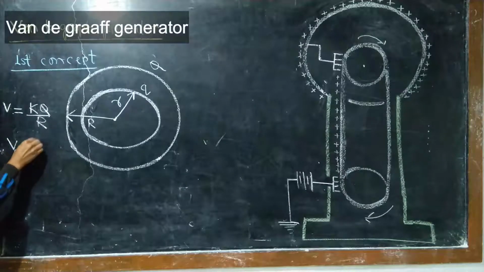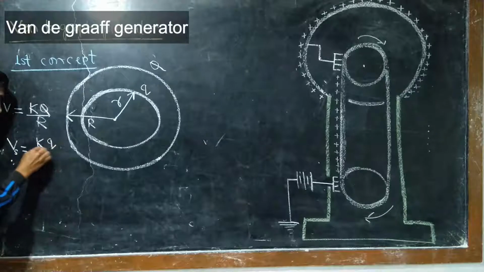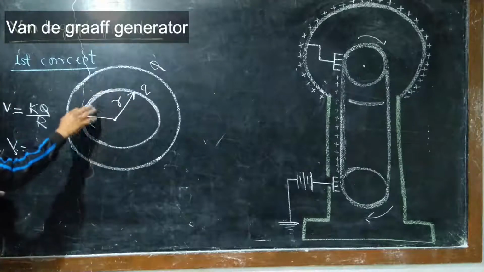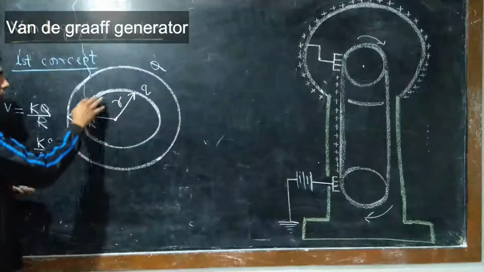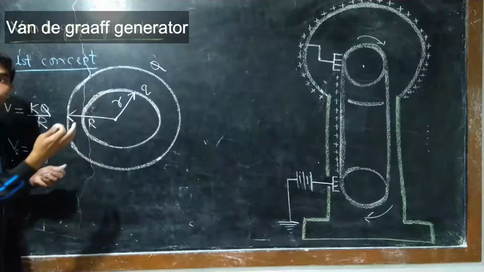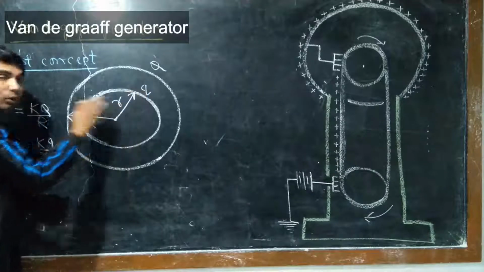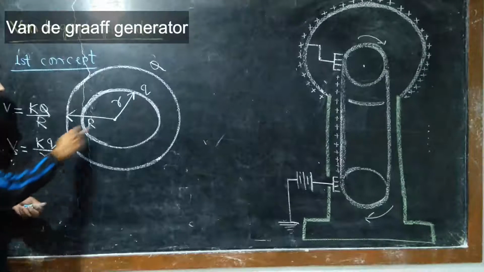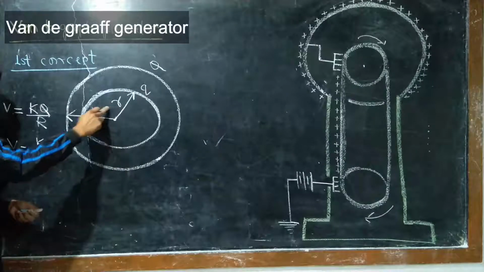Due to the smaller one, the potential will be kq by r, because this one also has charge, and the potential is kq by r, because it has charge q and radius r.